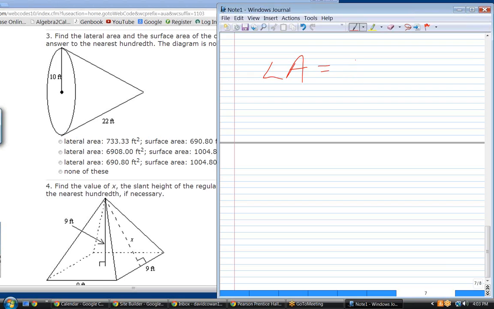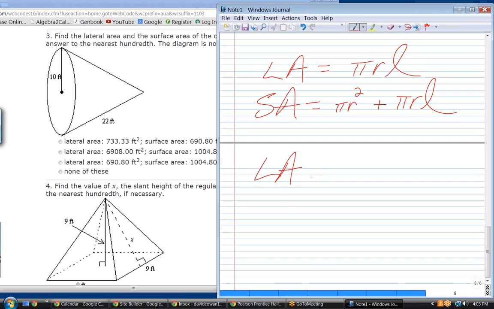The lateral area is pi r L. The surface area is the lateral area plus the area of the base. So the surface area is the area of the base, which is pi r squared, plus pi r L. So there's your two formulas. What do we know? We know r and we know L. That's all we need. So what's lateral area going to be?